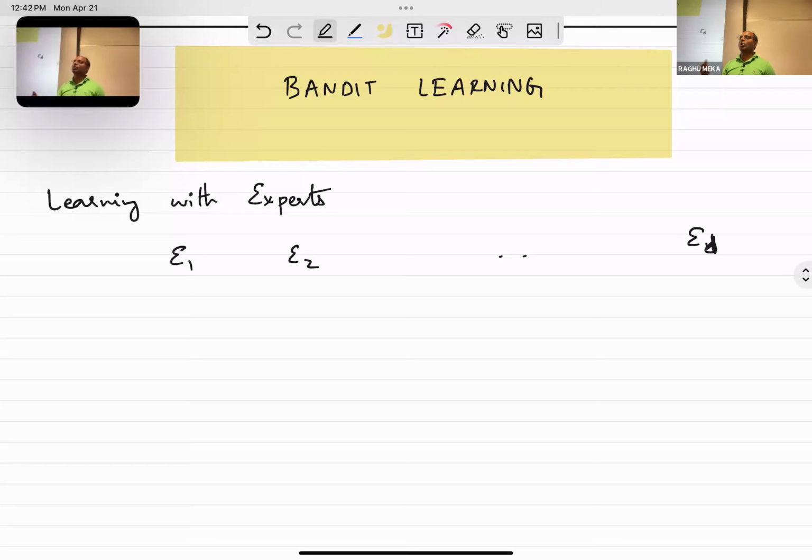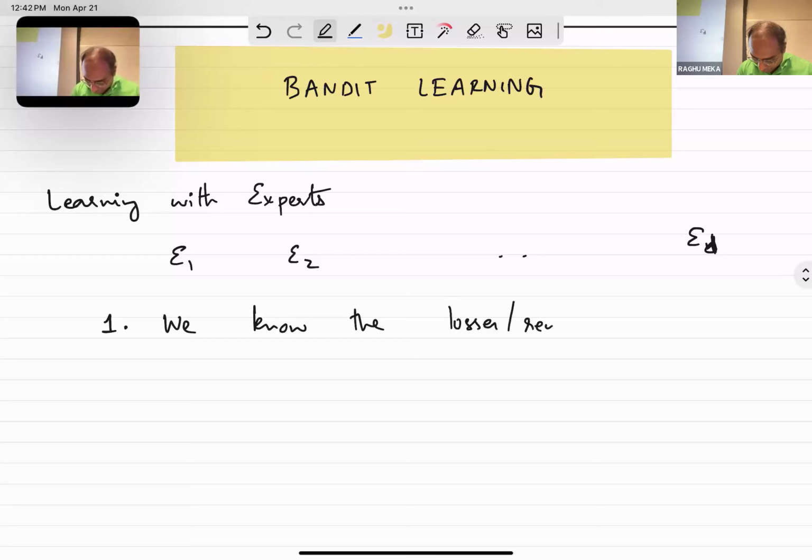Then I have to know what they predicted or how much loss they incurred. Okay. So we made two big assumptions. One, we know the losses or rewards of all the experts.